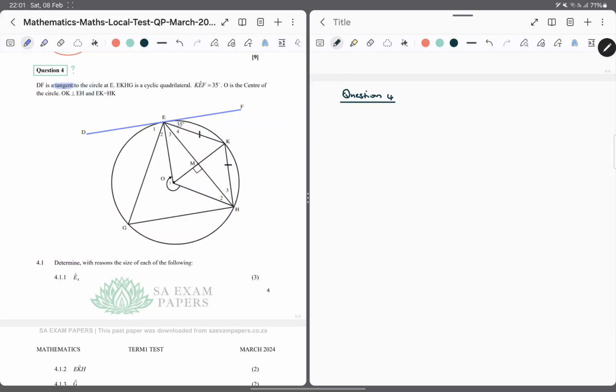Once we hear the word tangent, we know there are some implications. The angle between the tangent EF and the chord EK will be equal to the angle subtended by that chord in the alternate segment. This is the tan-chord theorem. Okay, great.